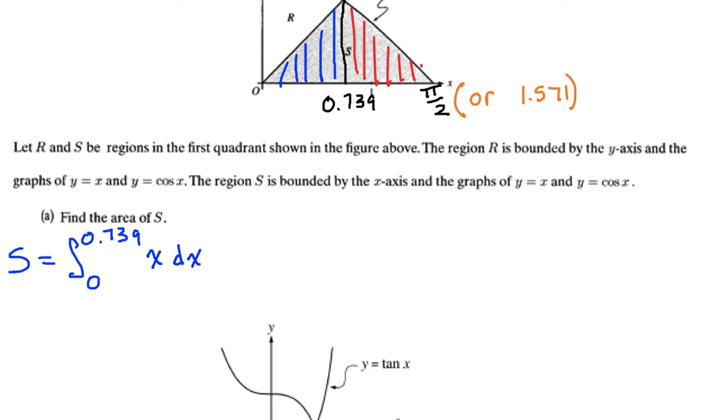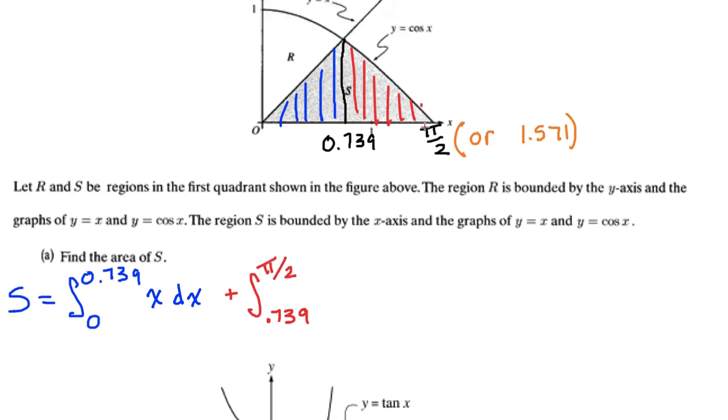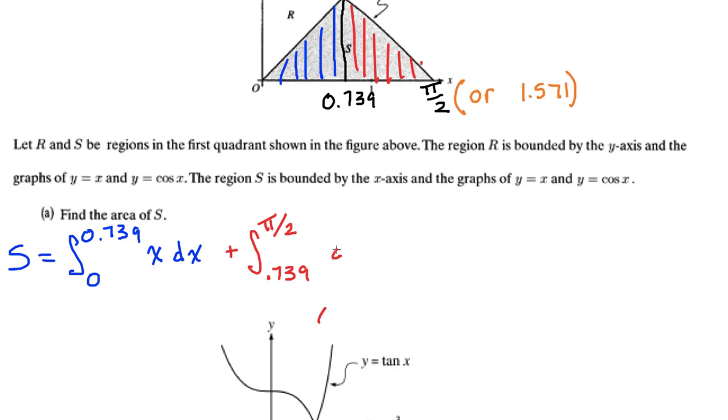And then we're going to add our red function, so plus the integral from 0.739 to pi over 2 of cosine of x dx.